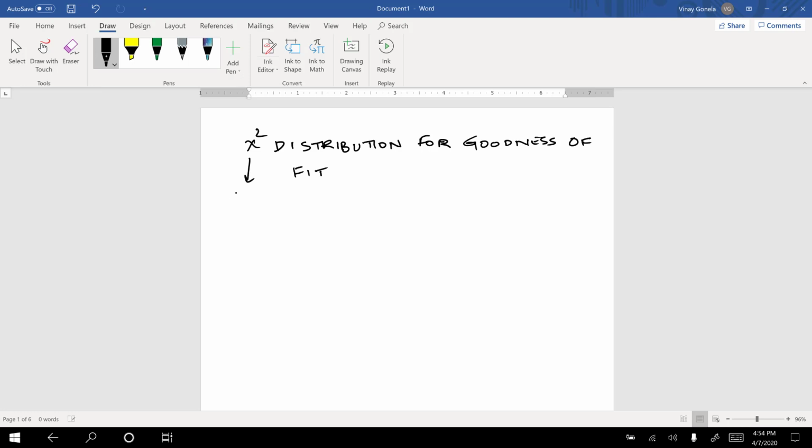So this symbol means chi, and because we have square we will call it chi-square. In this lecture I will be solving hypothesis testing problems using chi-square distribution.